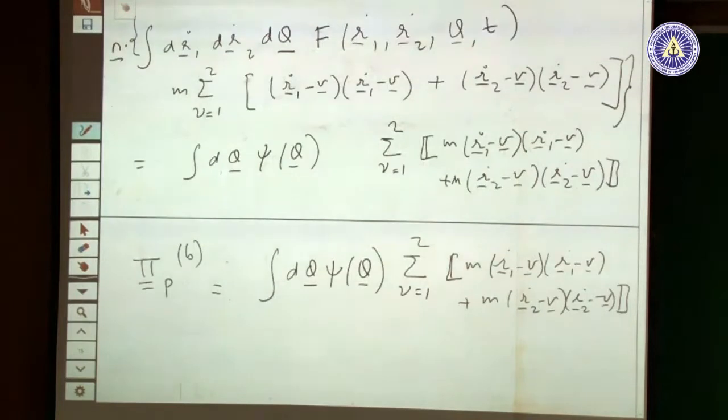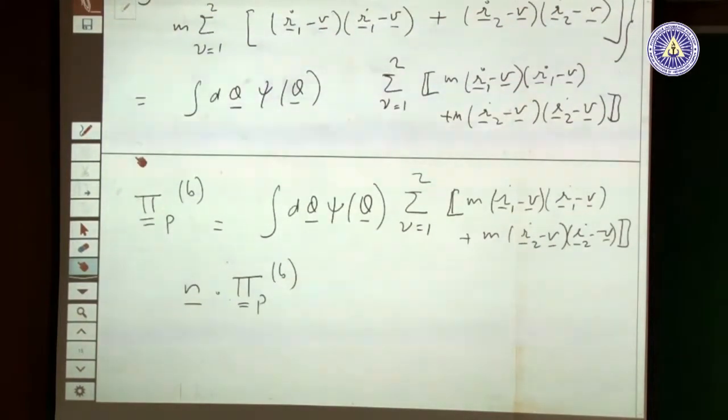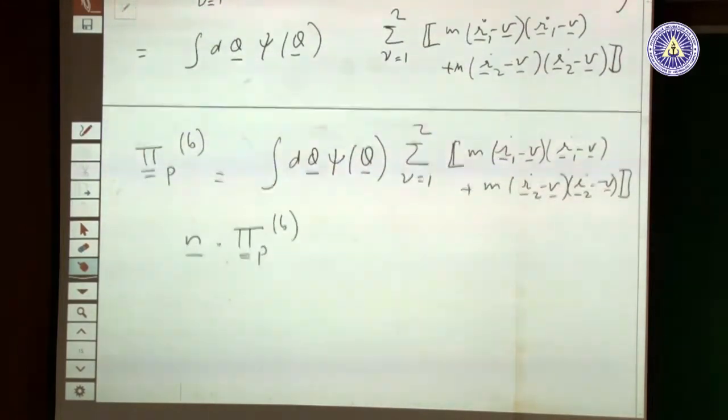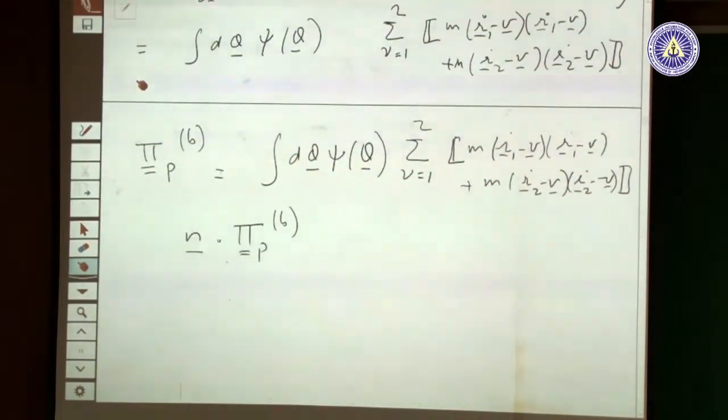Okay, so the contribution due to this would be n dot pi p b. I am not 100% sure about this algebra. I will check it and tell you. I have this vague uneasy feeling I may be wrong somewhere. But this is the general idea.